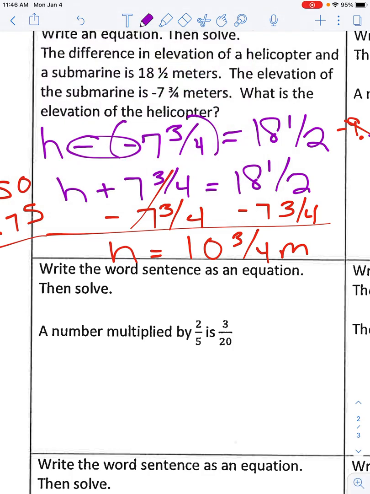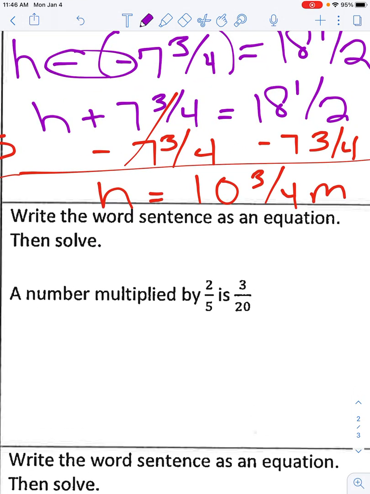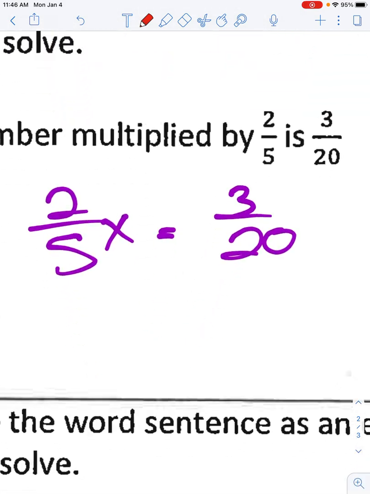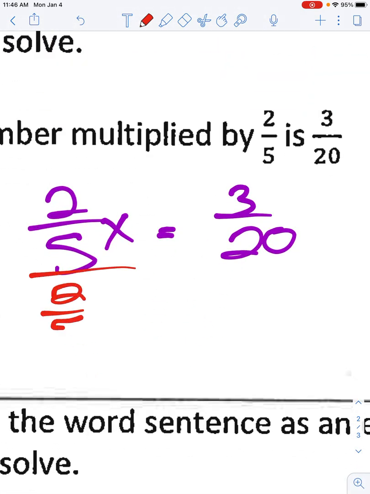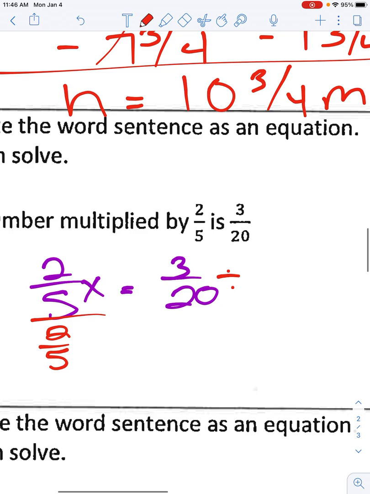Write the word sentence as an equation, then solve: a number multiplied by 2/5. So instead of doing x times 2/5, normally the number comes before the letter. Is, there's your equals, 3/20. Okay, so that says multiply, so I'm going to do the inverse and divide both sides by 2/5.